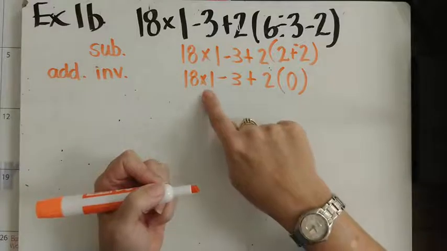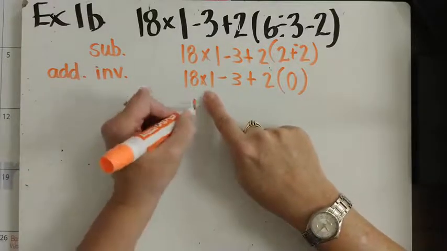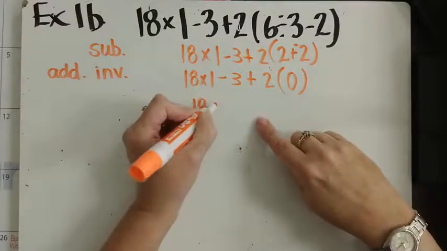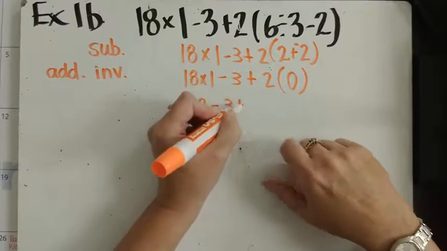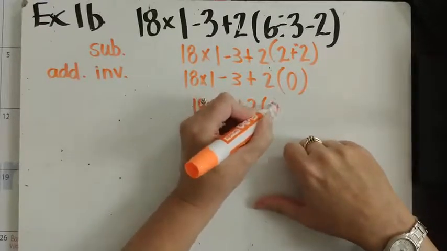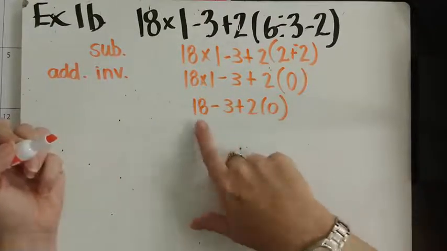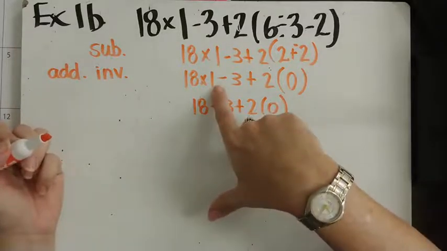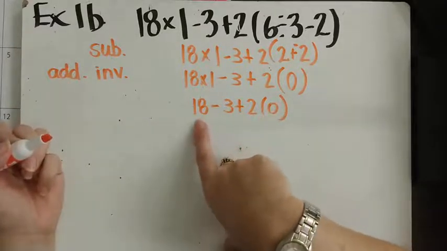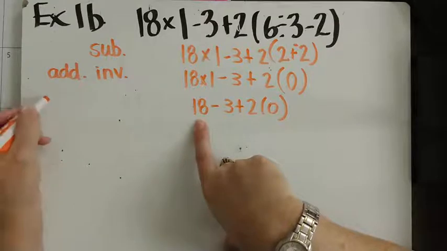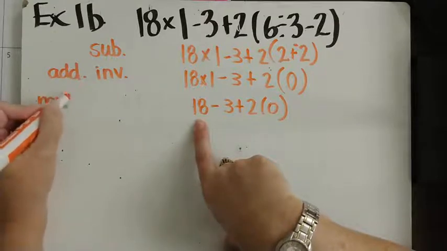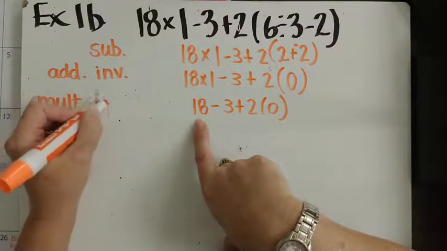Let's work left to right. 18 times 1 is 18. Bring down the rest of your math problem. There is a multiplication property that says if you multiply by 1, you get the exact number or the identical number. And that is multiplicative identity.